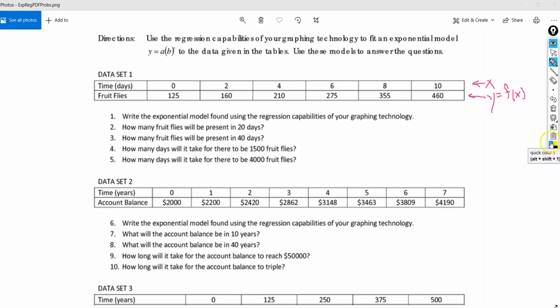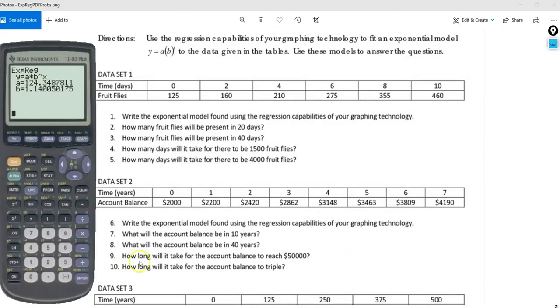So what we're going to do with our calculator is we're going to put the first row into list 1, and we're going to put the second row into list 2. Okay, so let's get our calculator up on the screen here. Now the first thing you'll need to do is to clear out your lists, because you cannot write over old lists.